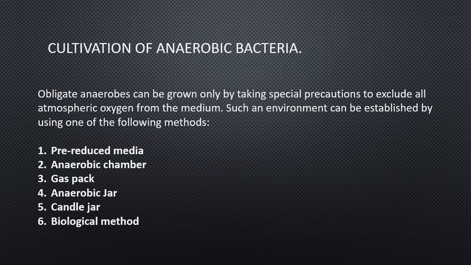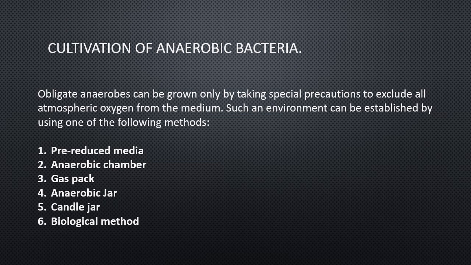Now, about the cultivation of anaerobic bacteria. Obligate anaerobes are strict anaerobes which will only grow in the presence of zero oxygen. When all the oxygen is removed from the given environment, or from the media, the obligate anaerobes will grow happily.